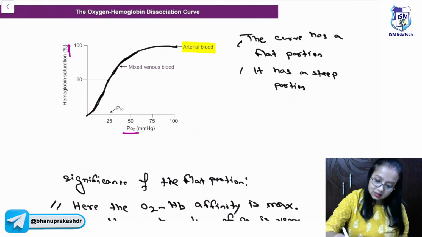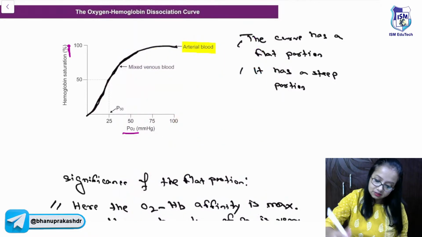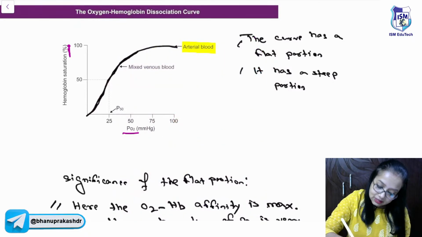Next, another thing to be noted is that at 100 the partial pressure is maximum.